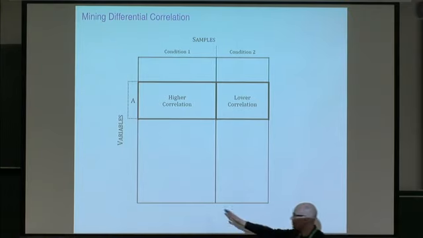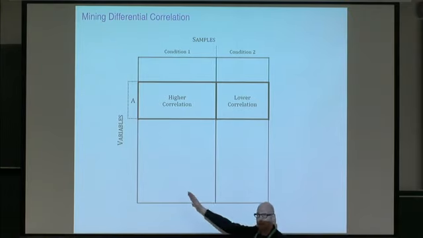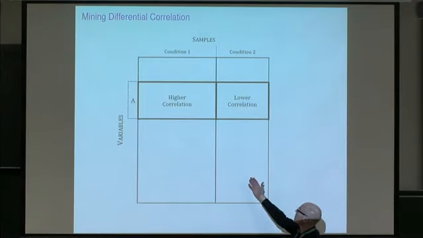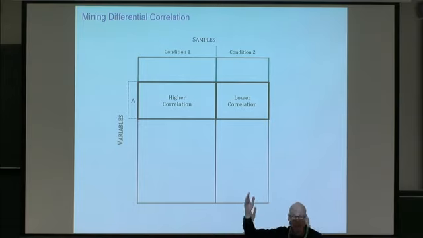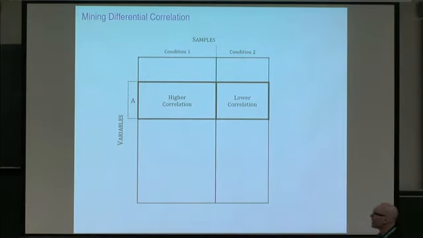So we can think of this as perhaps a bunch of gene expression measurements of patients who are sick, and a bunch of gene expression measurements on patients who are healthy, and those are our conditions. We're trying to find a set of variables A that are highly correlated under one condition and less correlated under the other. So the criterion is very simple, and the problem, at least in principle, is very simple.